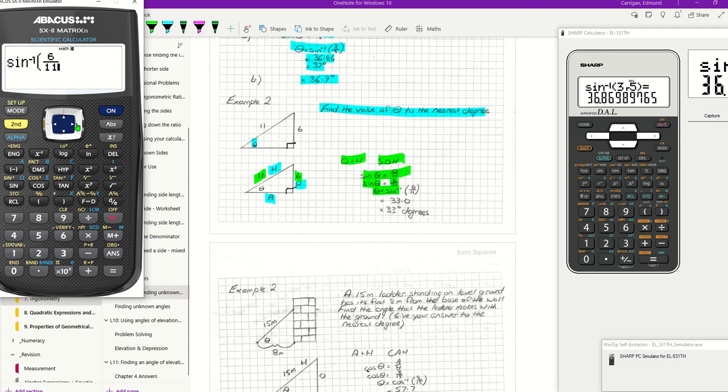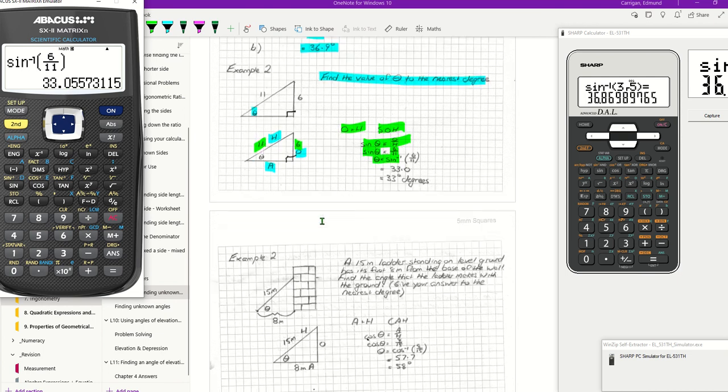And then with this one, if I'm doing that, I need to push this thing to get it up to the vinculum, to get it up in the middle. That's something that you have to do. So there's pluses and minuses with these calculators. These ones, as far as the screen goes, all look a lot nicer, but you have to do a little bit more work. So 33.0, I'm finding it to the nearest degree, so it is 33 degrees.